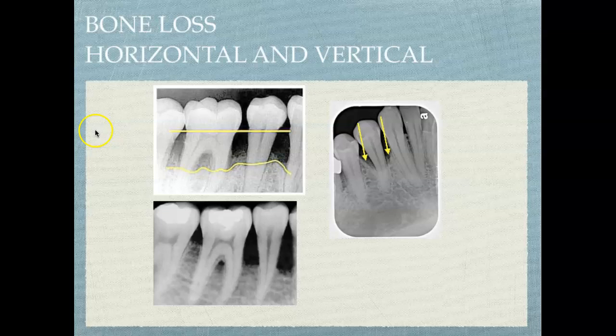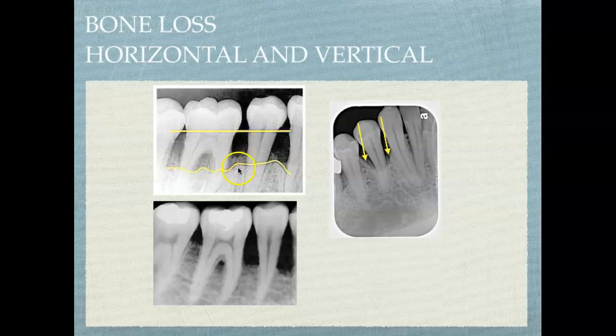Bone loss can also be described on a radiograph as either horizontal, meaning it usually spans across several teeth and is resorbing at levels. You could think of this as like a wall kind of imploding, right?